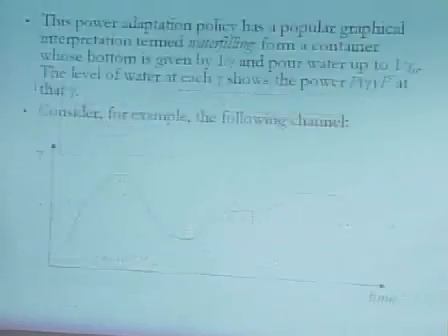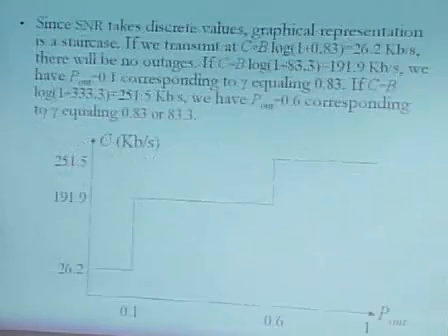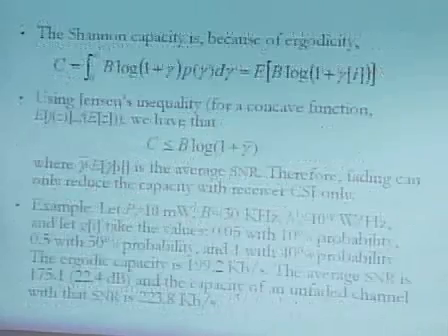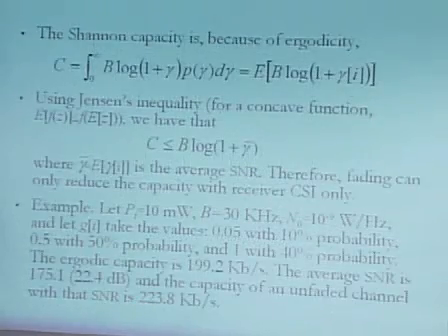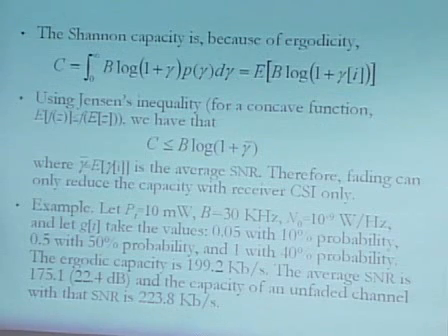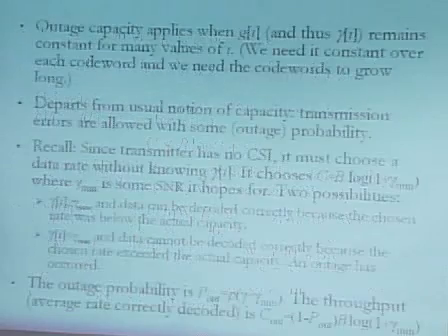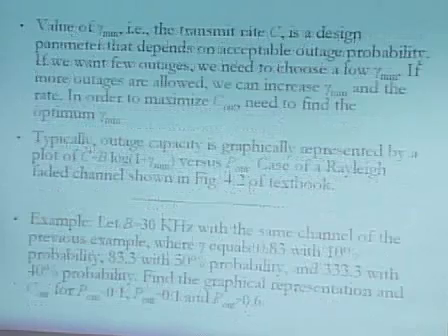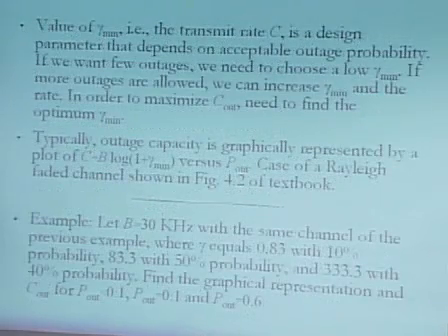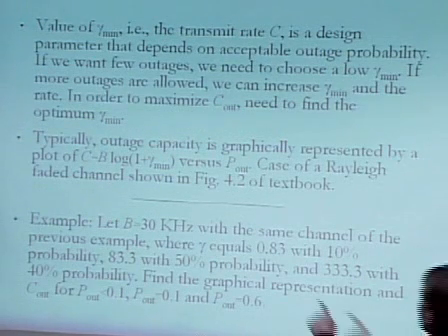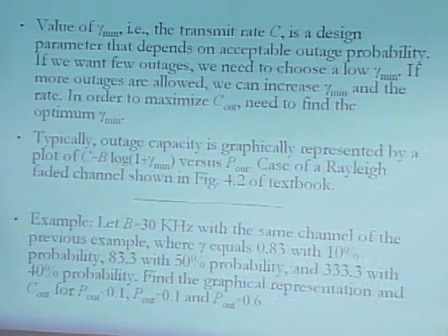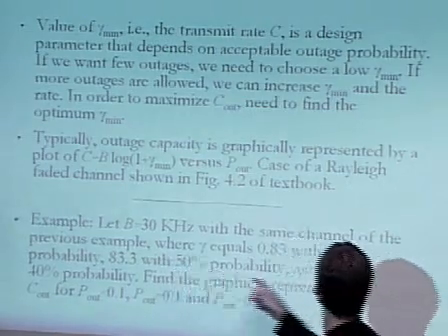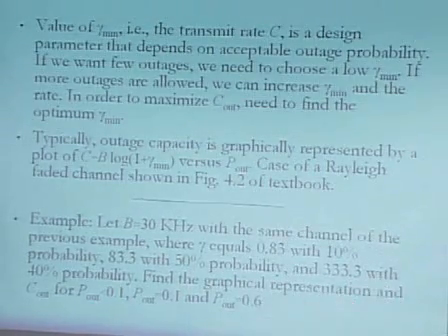Let me find the example. This is the one, right? We have three different gammas with probabilities 10%, 50%, and 40%. We had 0.83 with 10% probability, 83.3 with 50% probability, and 353.3 with 40% probability, right?